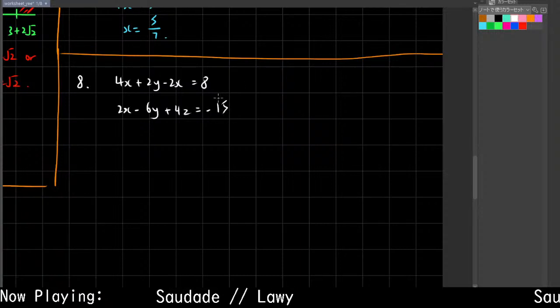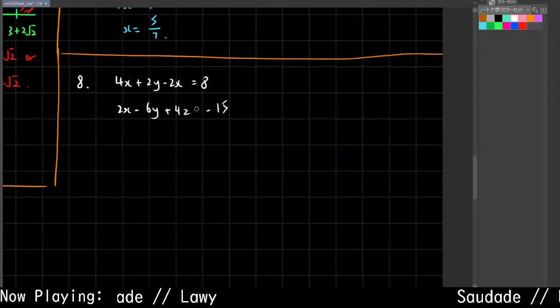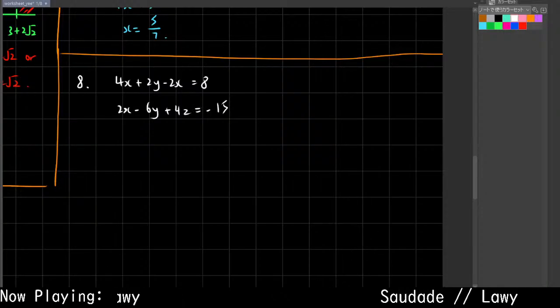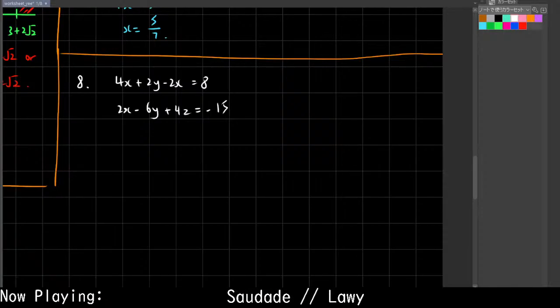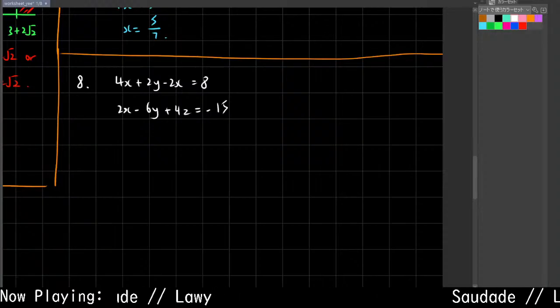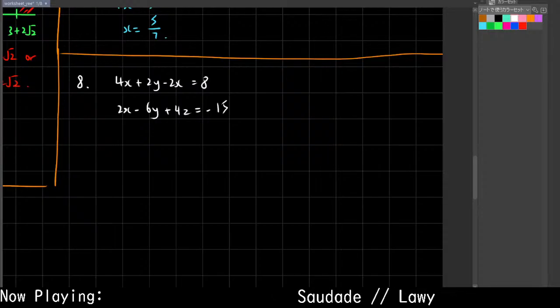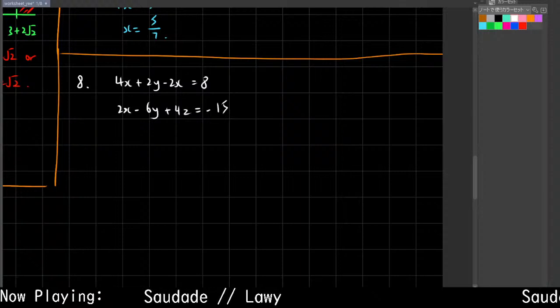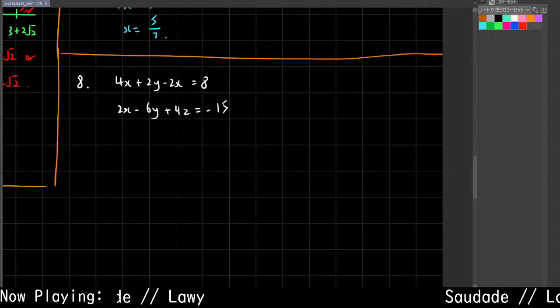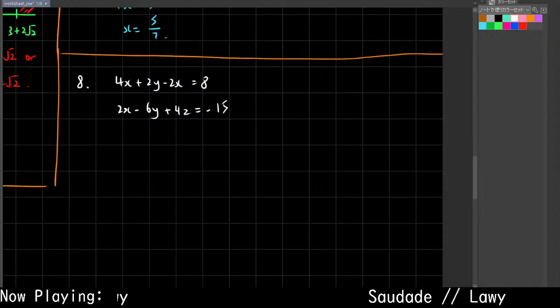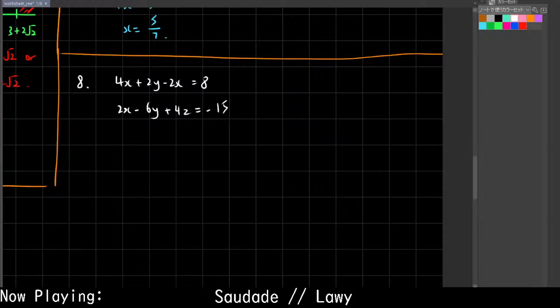Oh, it's supposed to be equal to negative 50. Wait, it's negative 15, right? Wait, let me just double check this. Check back the question.